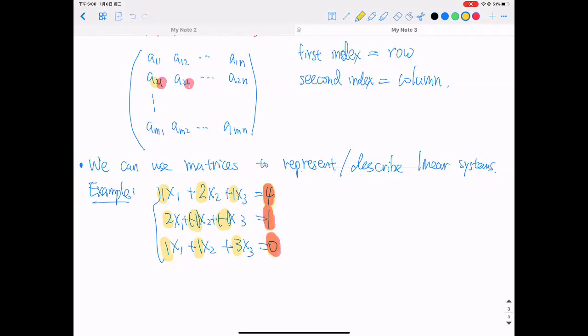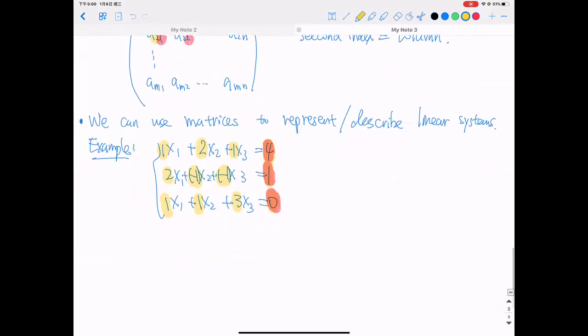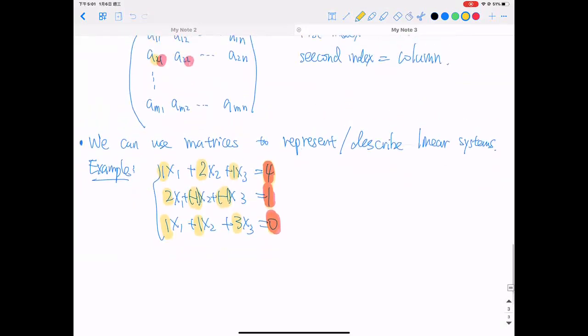So these things that I highlighted in yellow, the numbers appearing in front of the variables, are called coefficients. The numbers appearing on the right-hand side are called constants. Okay, and we can just introduce a matrix to keep track of these quantities.